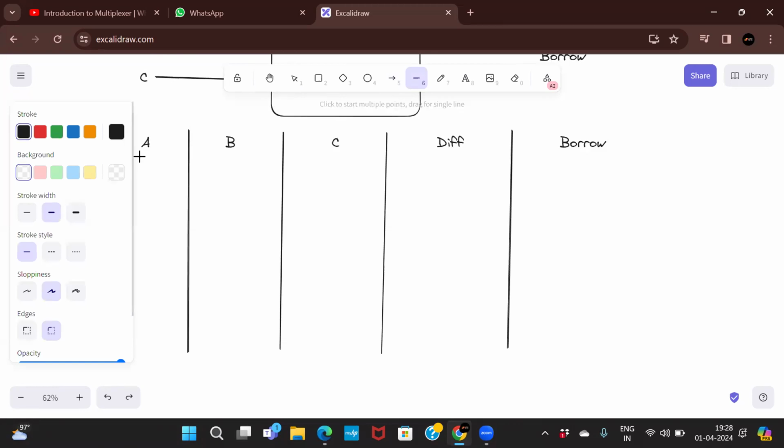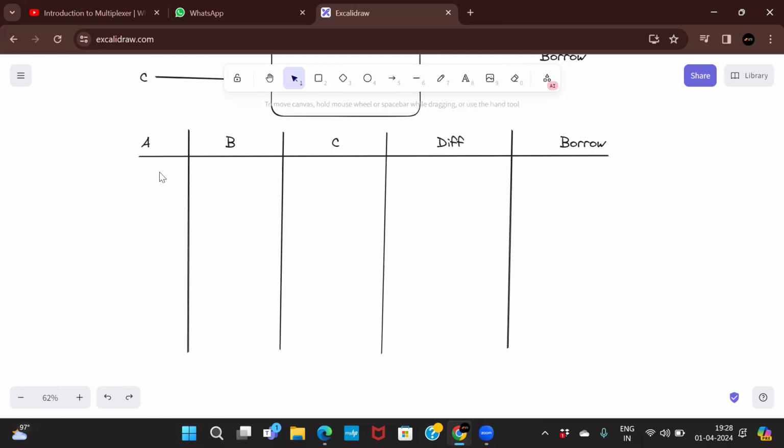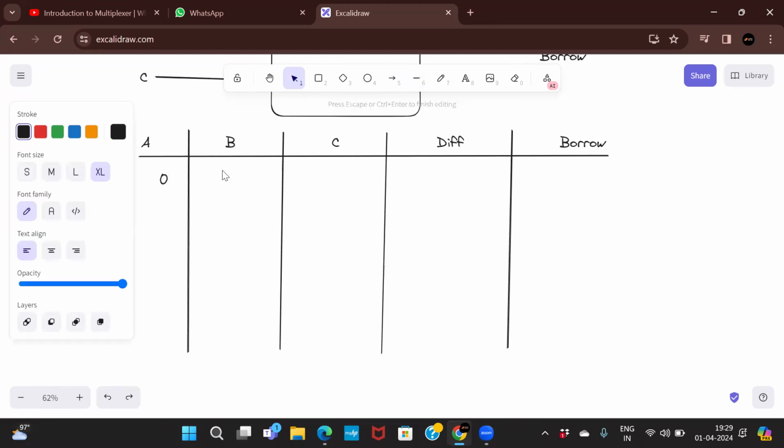So you remember the 2 power 3 possible inputs, 0 0 0, and the decimals.